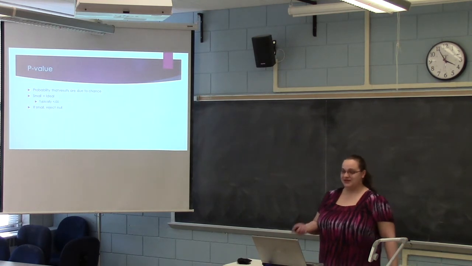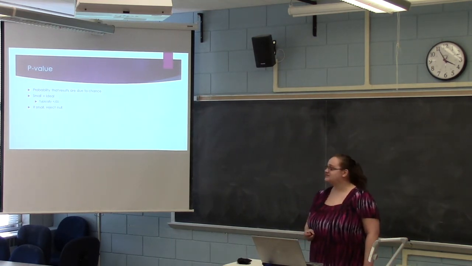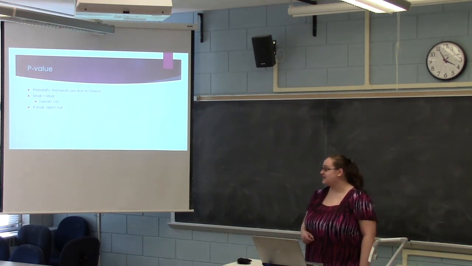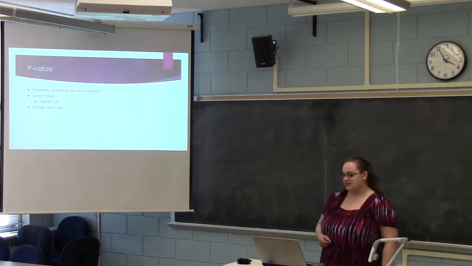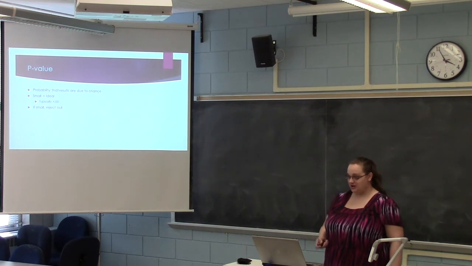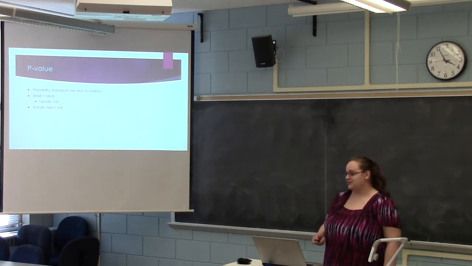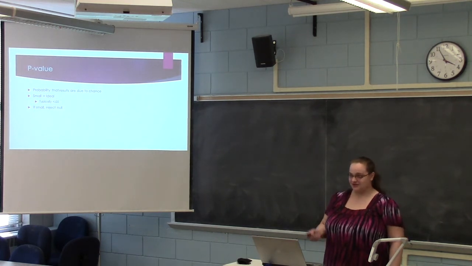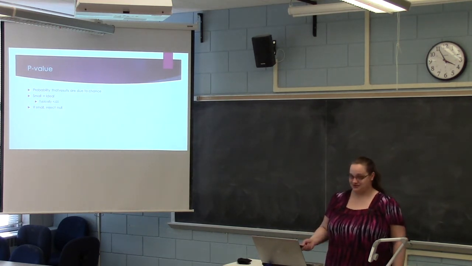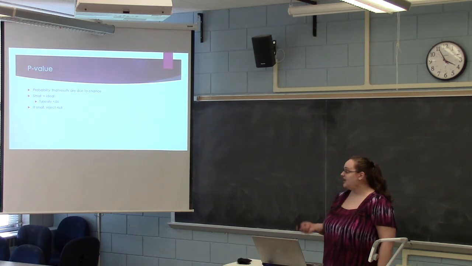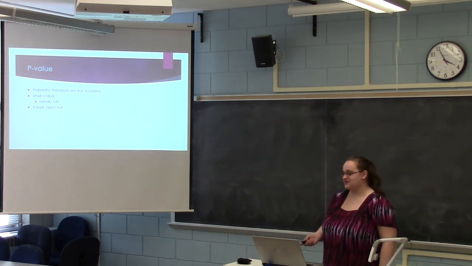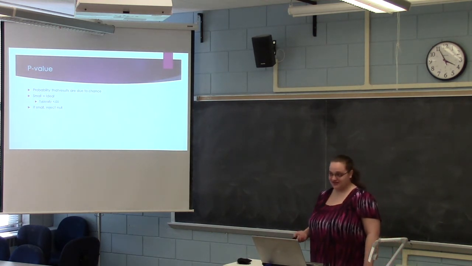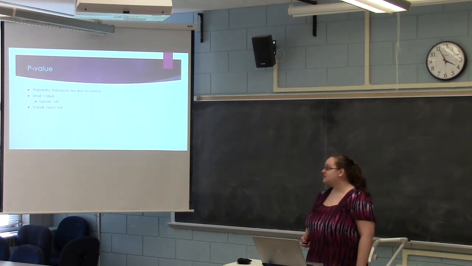You also use the p-value to evaluate whether or not your results are statistically significant. Your p-value is just your probability that your results are due to chance. Ideally, you would want a small p-value, and typically we use less than 0.05, as that would mean less than 5% probability that your results are due to chance alone. And if your p-value is small, you can reject the null and conclude that there are significant differences between your groups.